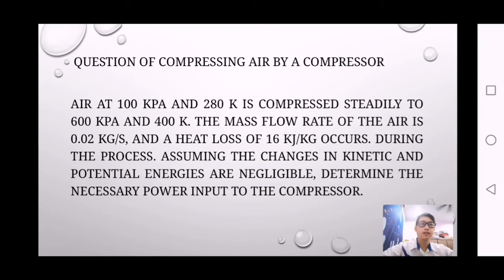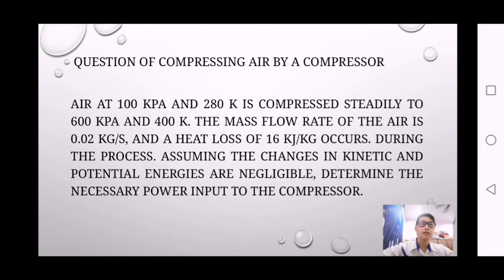Now we see one example of the question of compressing air by a compressor. Let's see the question. Air at 100 kPa and 280 Kelvin is compressed steadily to 600 kilopascal and 400 Kelvin. The mass flow rate of the air is 0.02 kg per second and a heat loss of 16 kJ per kilogram occurs.